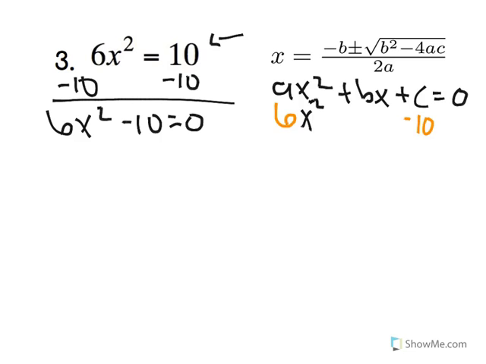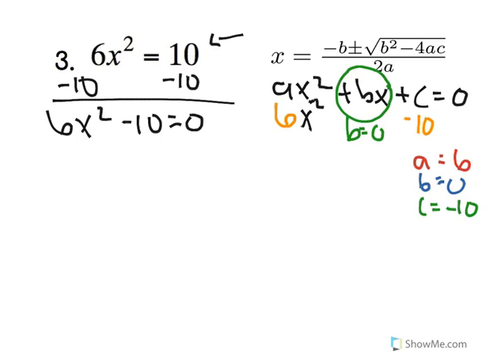So we don't have a b value. That means that b is going to equal 0. So a is 6, b is 0, and c is negative 10. You always want to make sure that you have a value for all a, b, and c. Even if that value is 0, it's okay.